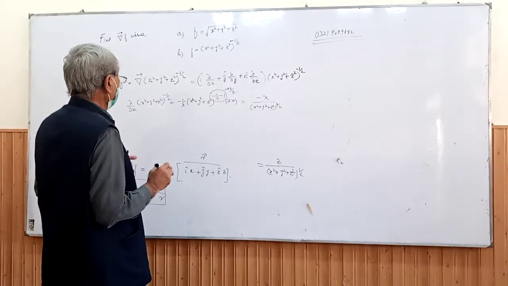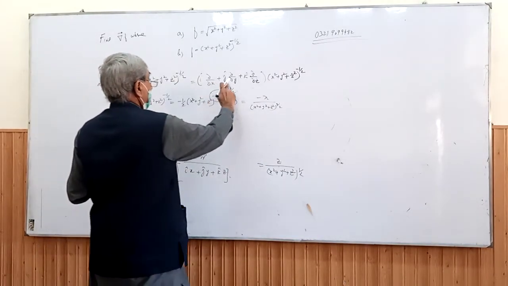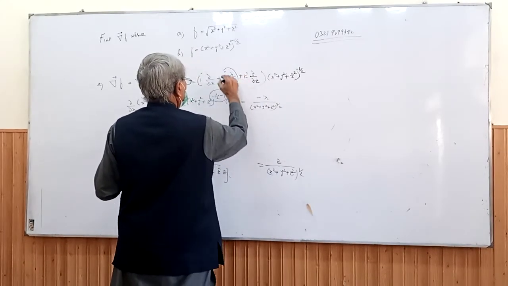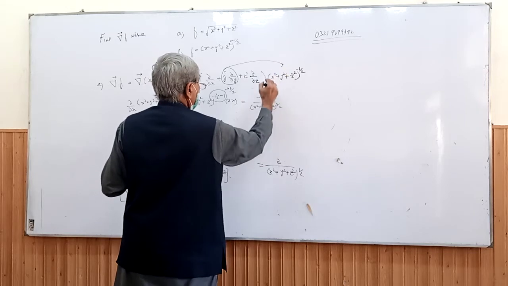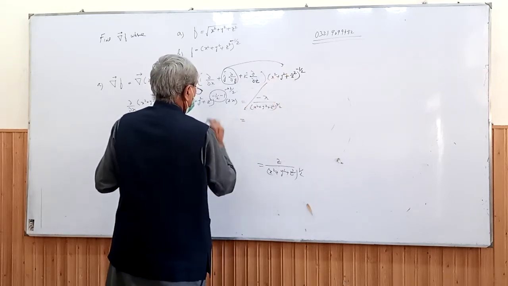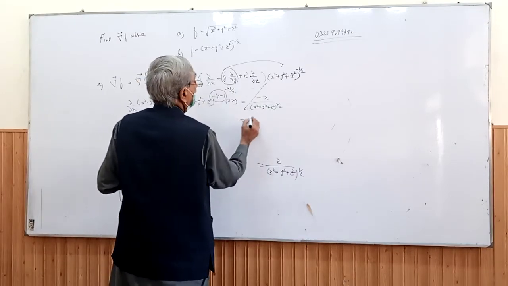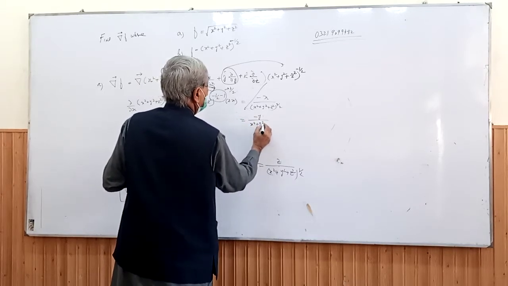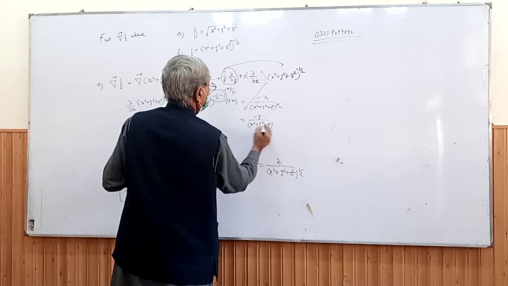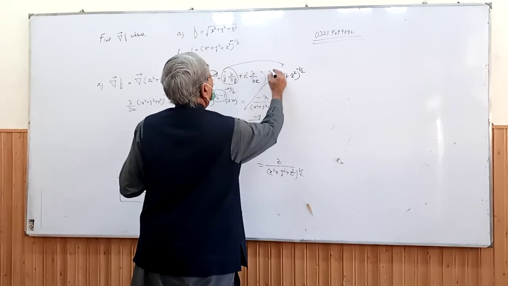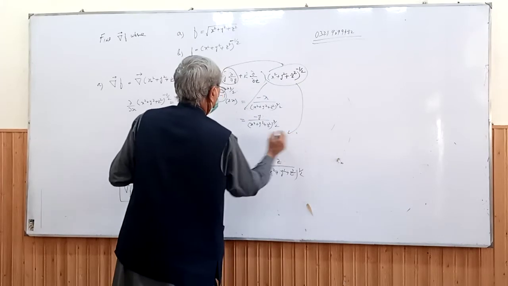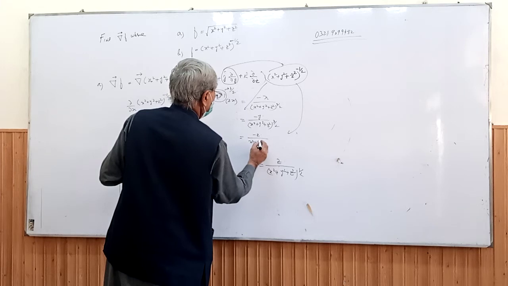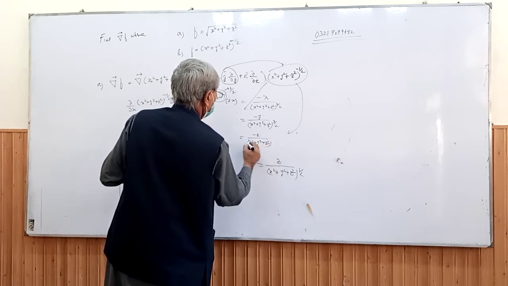Now if you ask, okay, what about if this operates on this, the operation of this on that will give me minus y over (x square plus y square plus z square) raised to 3 by 2, and of this will give me minus z over (x square plus y square plus z square) raised to 3 by 2.